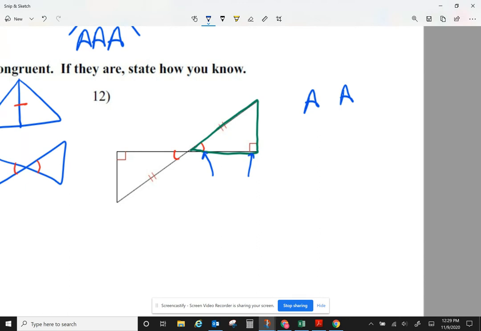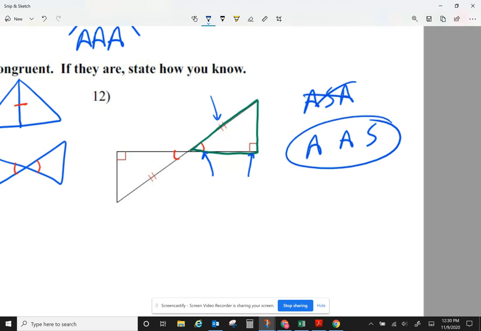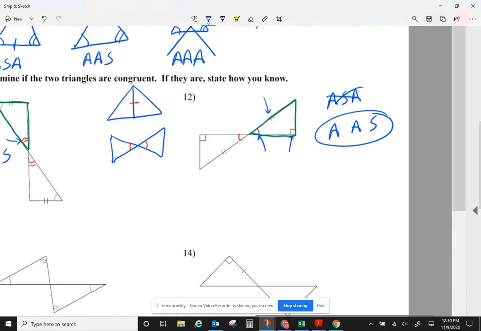Then for the one side that is marked, I ask myself, is it in between the angles or not? If it is, I'm looking at side angle, so put the S in the middle. If it's not, don't put the S in the middle. In this case, it is not, so I'm looking at angle side. I quickly take a look at the other triangle. It is marked the same way, so it works.